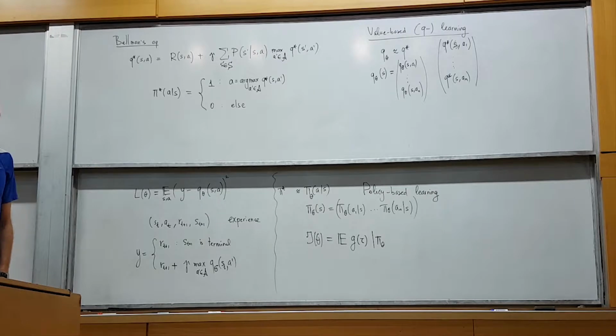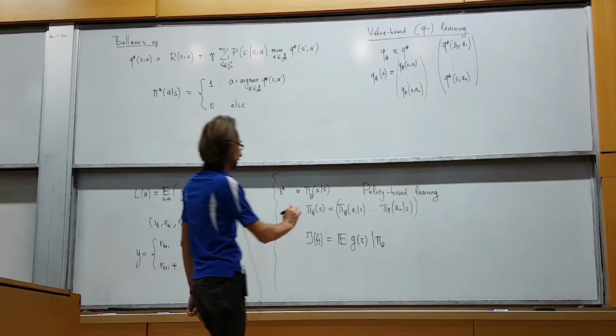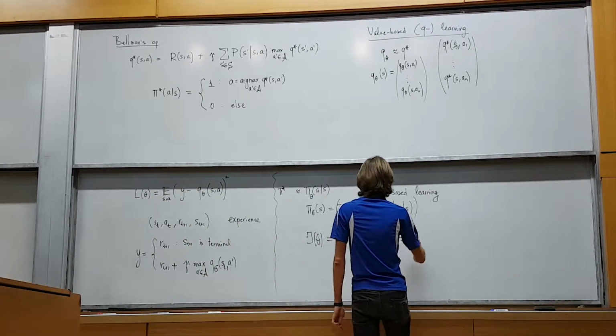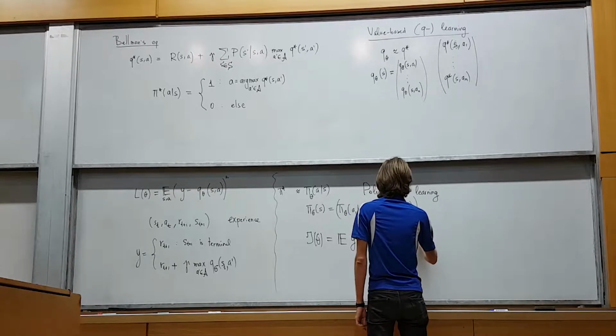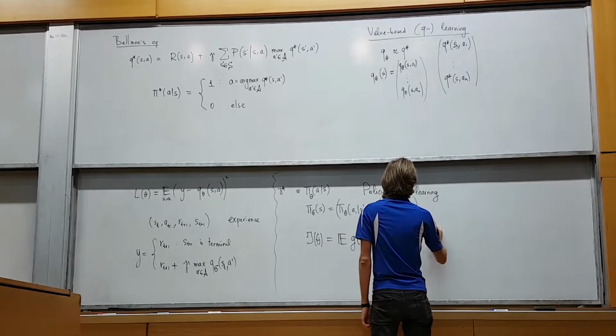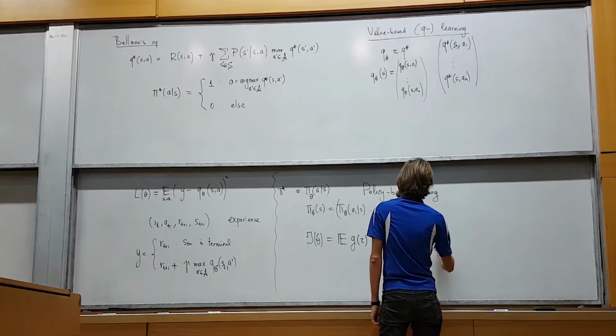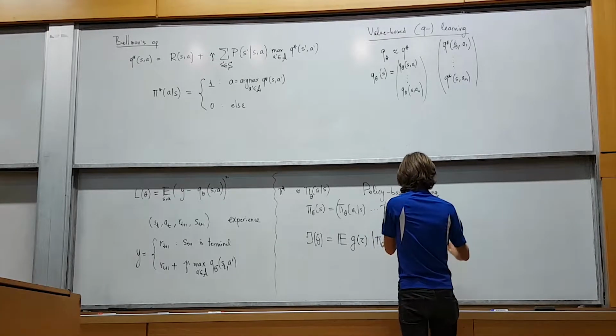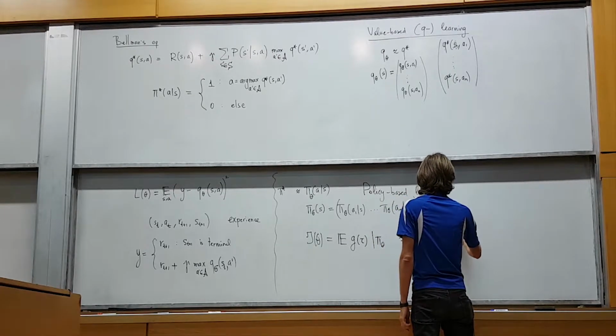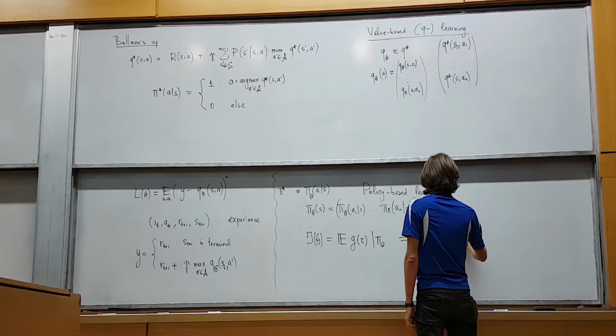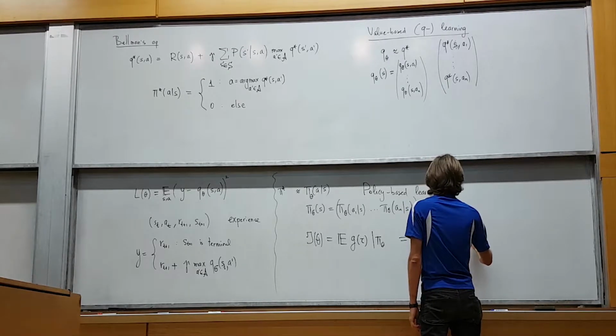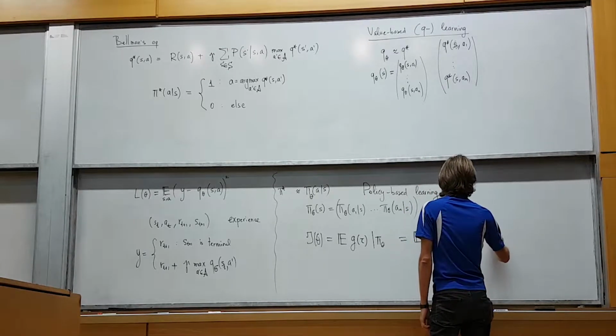Let's write it explicitly. It will be the expectation of the sum over t greater or equal to 0 of gamma to the power t times r t plus 1, given pi theta.